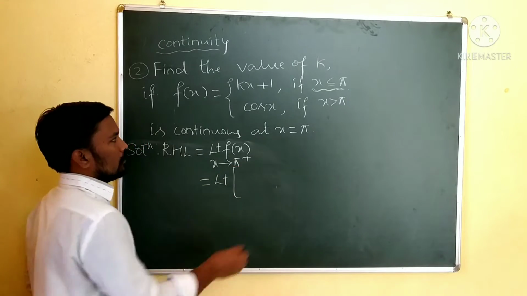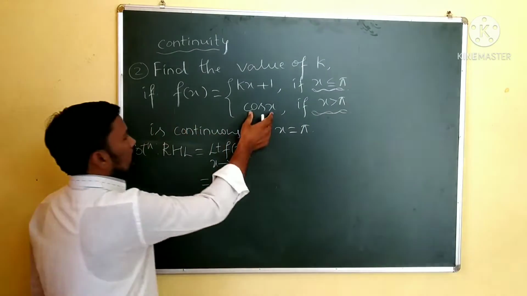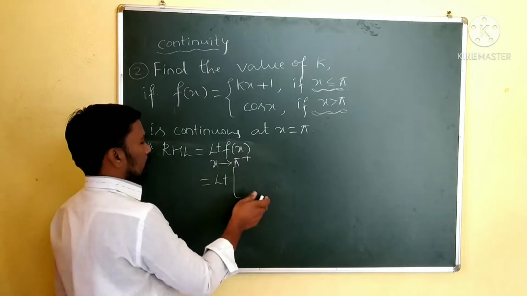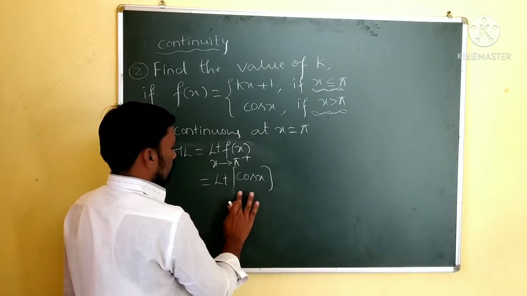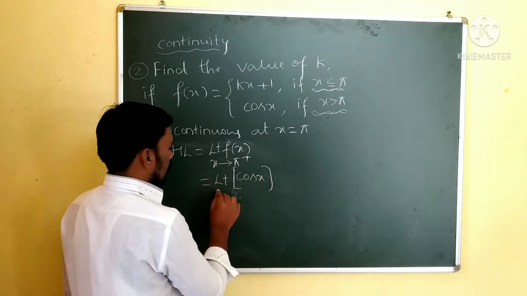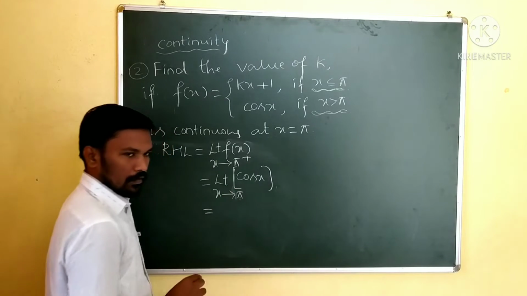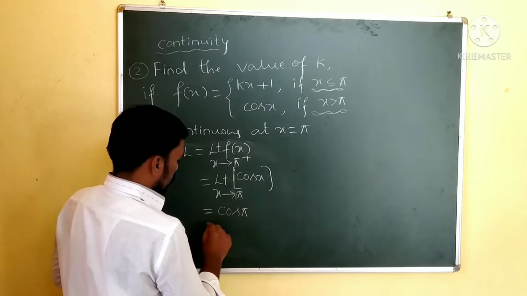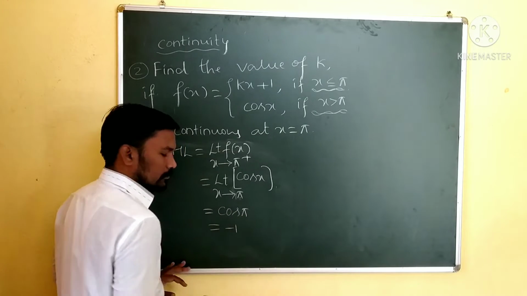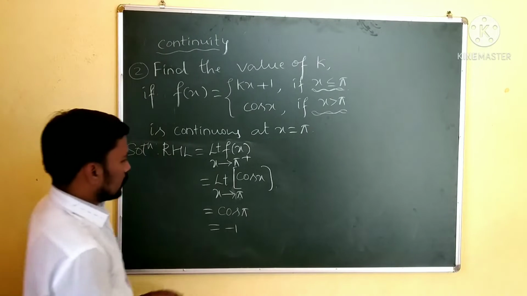For right hand limit we have to see the greater than symbol. In this interval the function value is cos x. So replace f of x by cos x as x tending to pi. Now apply the limit. So it is cos pi. Cos pi value is minus 1. Okay. So it is equation number 2.